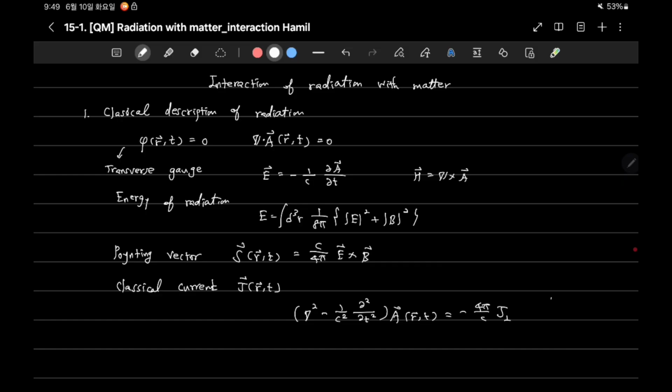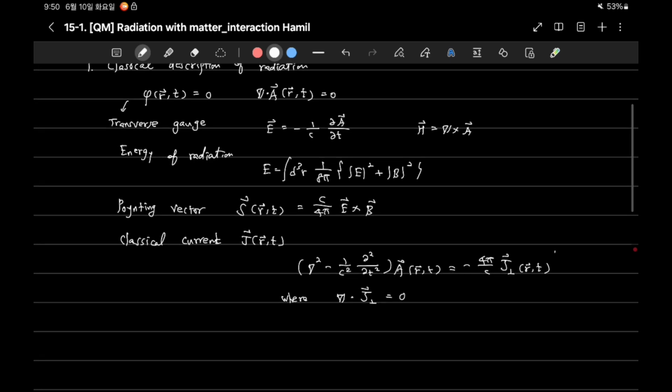Here is the perpendicular direction. The current direction, the perpendicular current direction, has zero divergence. That is the result from classical electrodynamics.